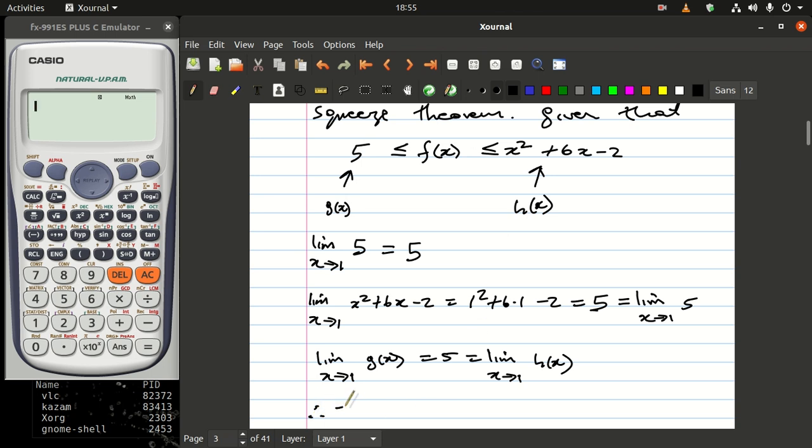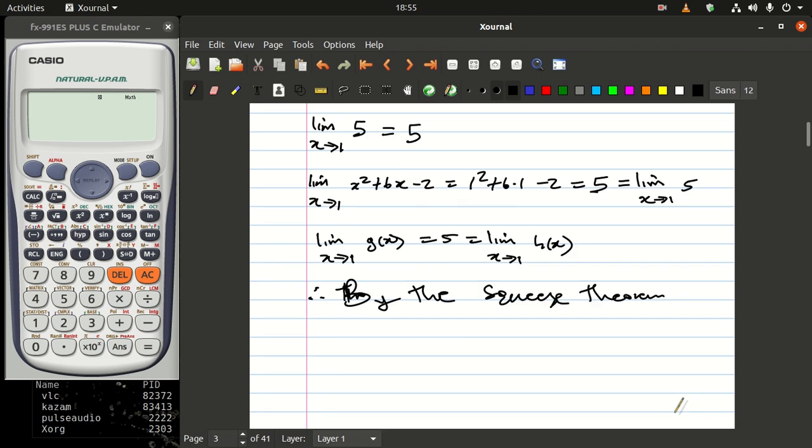Therefore, I can say that by the Squeeze theorem, we have the limit as x approaches 1 of f of x is forced to be 5.